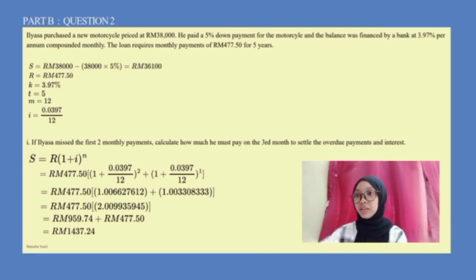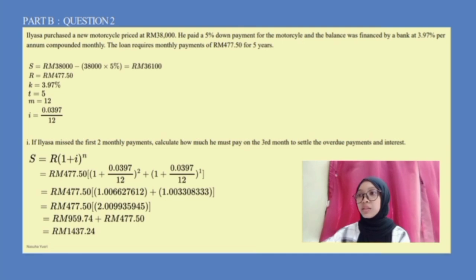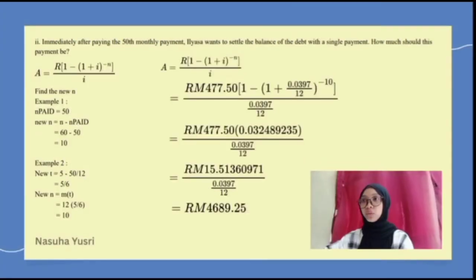Rm 477.50 bracket 1.00662761 close bracket plus bracket 1.00330833 close bracket. Then Rm 477.50 times 2.009932, and the answer is 959.945.